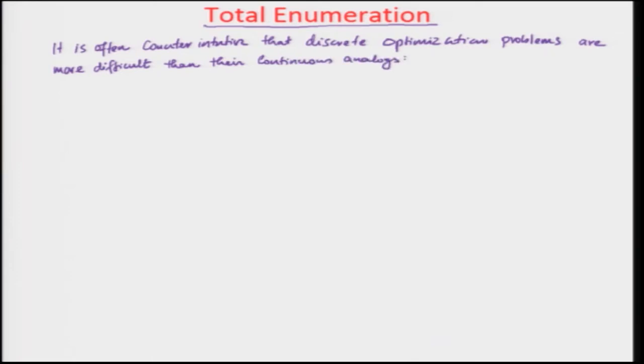So, what we are saying is that the discrete optimization problem for a particular case is more difficult to solve than the same continuous analog problem, where the variables are continuous.